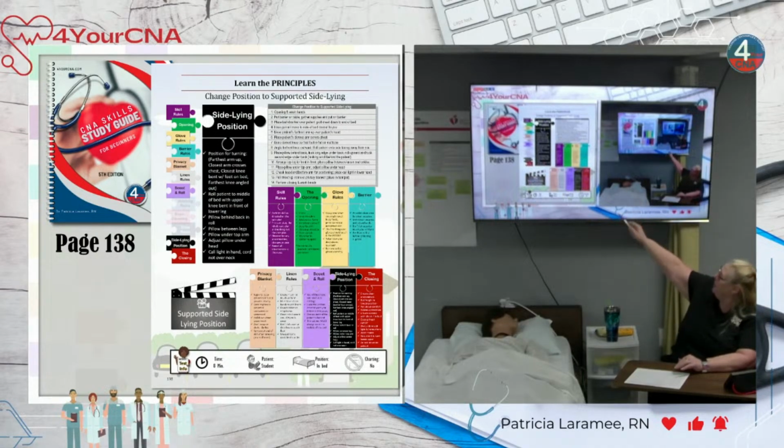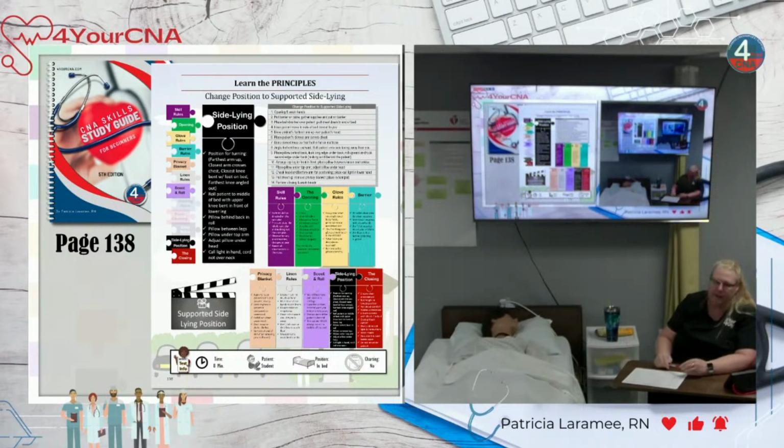They're all spelled out for you there in the middle of the page. So this particular skill will have skill rules, follow the care plan, the opening, glove rules, barrier, privacy blanket, linen rules, scoot and roll, and the closing. We already know all of those steps. Nothing to learn there.